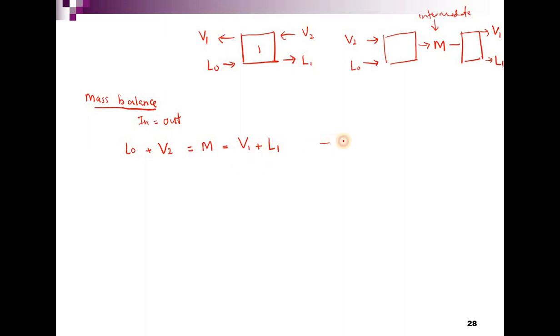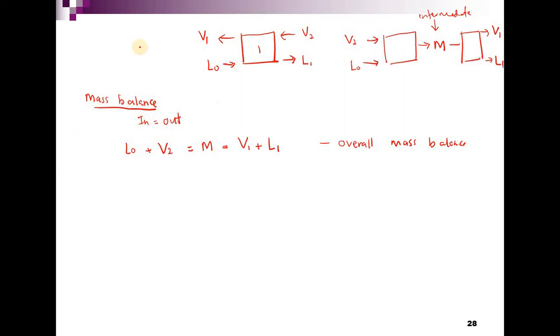So this is the overall mass balance. You will notice there is an M because it forms an intermediate mixture before it forms two types of product, extract and raffinate, so we put M as part of the mass balance.